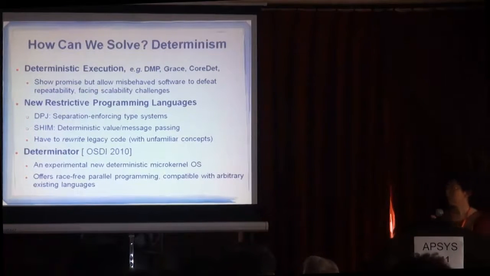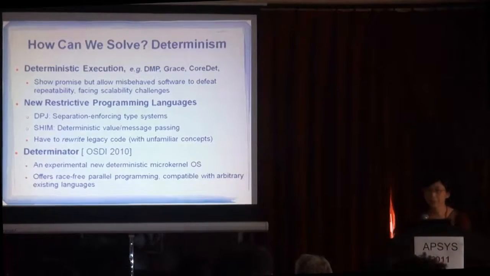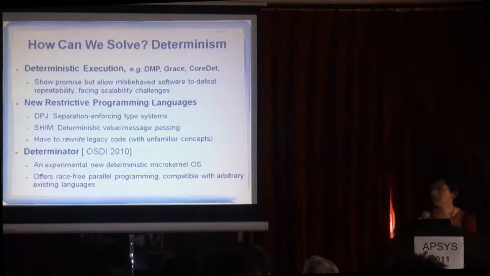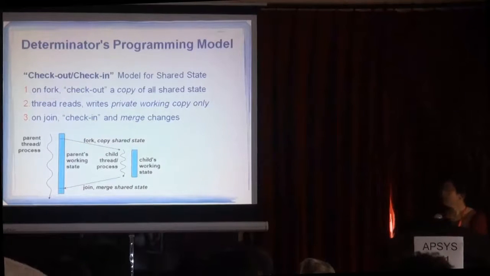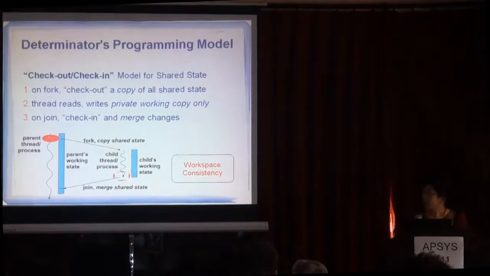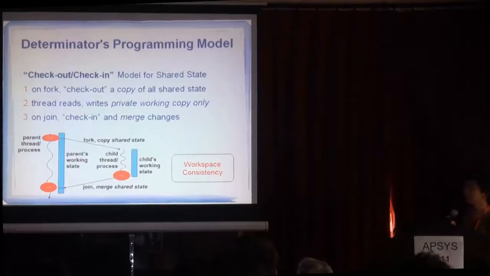Determinator, published in OSDI 2010, is an experimental new deterministic microkernel operating system, offering race-free kernel programming and compatible with actually existing languages. It provides a check-out, check-in model for shared state and follows workspace consistency.